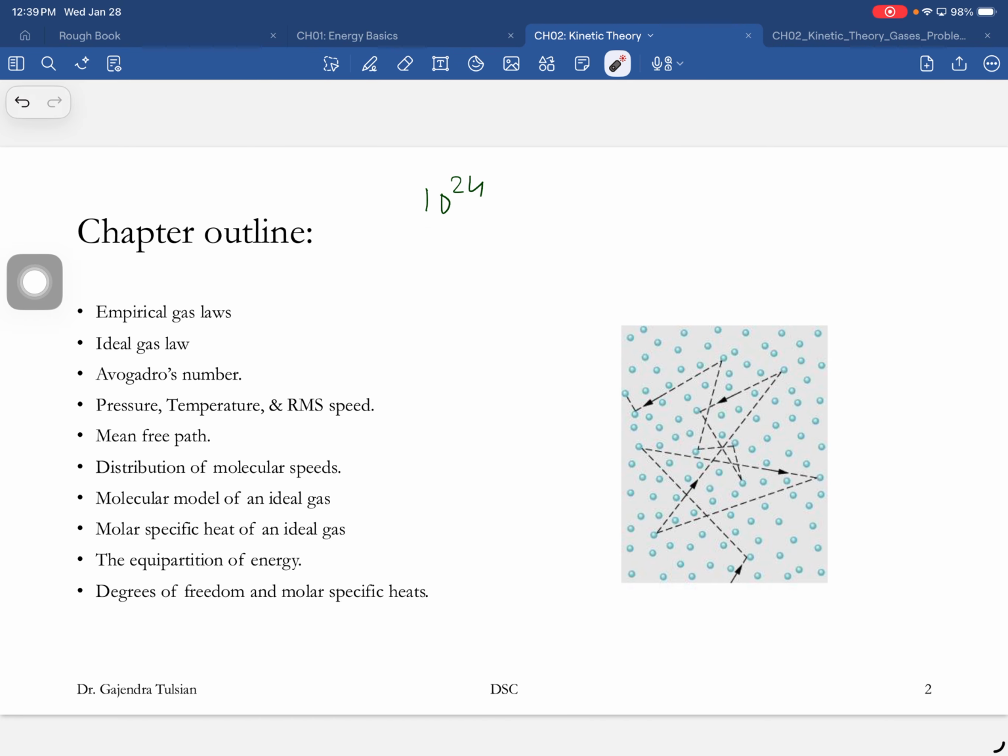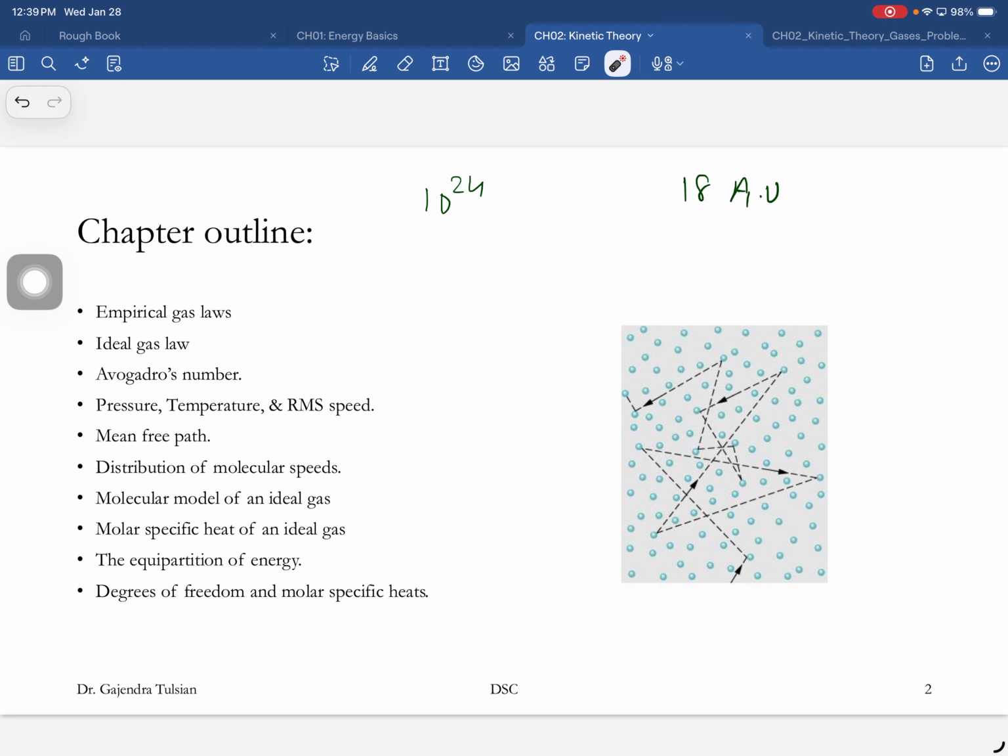So water, the molecular weight of water is 18 atomic units. Hydrogen weighs 1 atomic unit, oxygen weighs 16 atomic units. So a water molecule weighs 18 times the weight of a hydrogen atom.